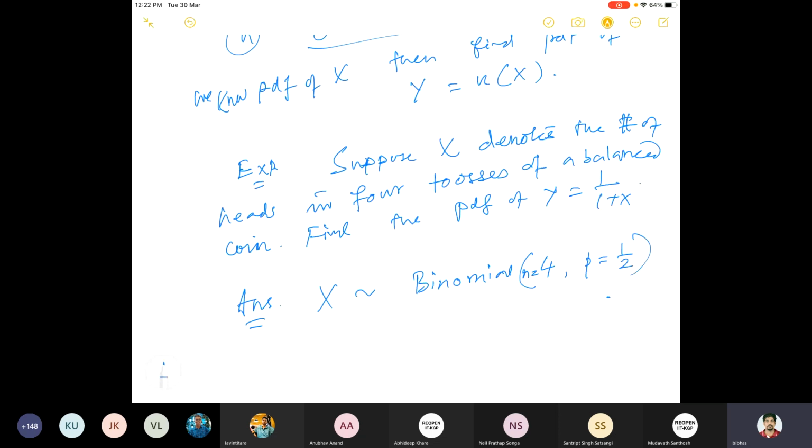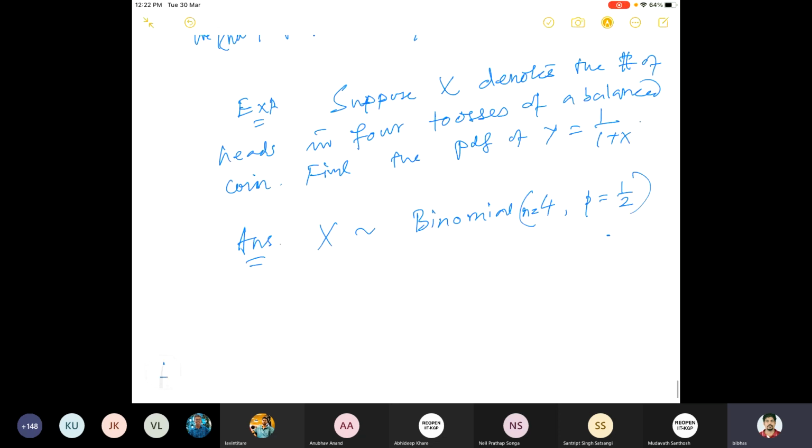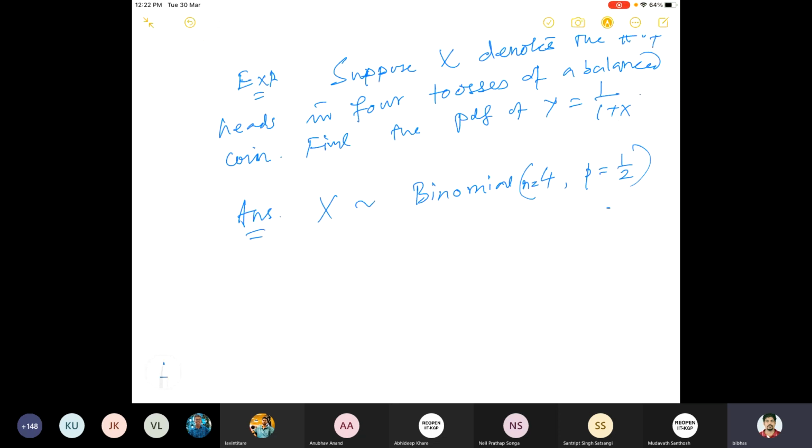So what is the PDF of X? X, the number of heads, could be 0, 1, 2, 3 or 4. The probability of 0 heads, you can calculate, will be 1 by 16. And then for 1, when the number of successes k is equal to 1, let's say.